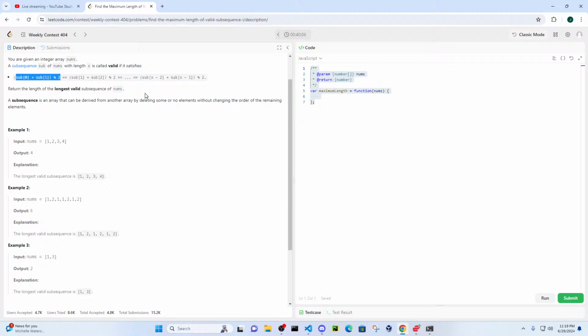I know it's a mess of a code, so please don't judge me. But I think I got it. Let me just go ahead and try it.